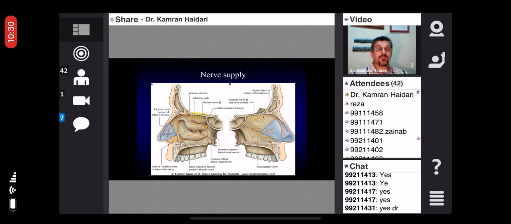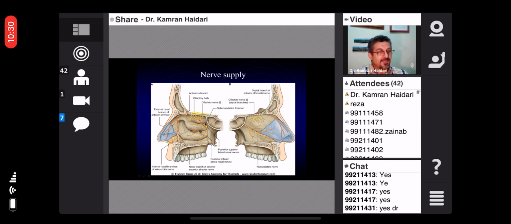Okay, the axonal bundles of these neurons pass through the cribriform plate of the ethmoid. This is the cribriform plate of the ethmoid, and these are the impulses from olfactory cells which are stimulated by the odor molecules.